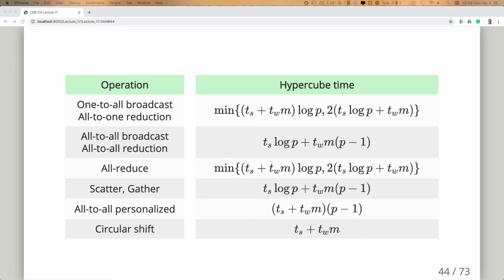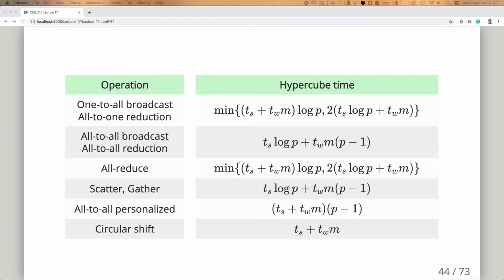So whenever you have a log p term, it actually means that you have a very fast algorithm, based on the tree structure, to do your communication. Now this assumes the hypercube. Hypercube has to do with the topology of the network.